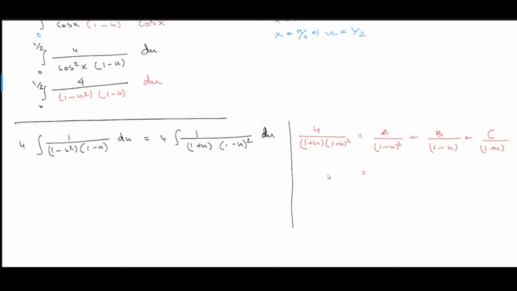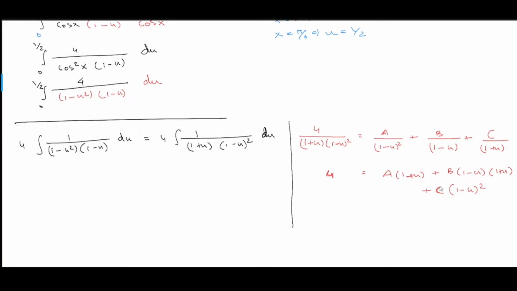Now if I rewrite this, I'm taking out the denominator straight away. I say 4 is equal to A into 1 plus u plus B into 1 minus u multiplied by 1 plus u plus C into 1 minus u whole square.